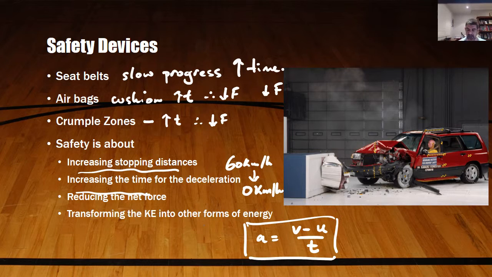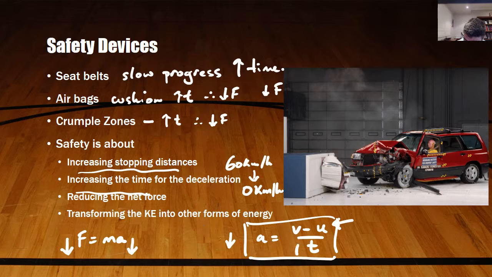Because at the beginning, before the collision, you have a certain speed. After the collision, we'll assume that you're going to come to a stop. So the change in velocity for any collision is going to be set. They're not always going to be the same if you're traveling at different speeds, but they're going to be set. So therefore, in order for us to have a small acceleration, and we know that because F equals ma, and you can't change your mass, if acceleration is smaller, then the force that you experience will be smaller.